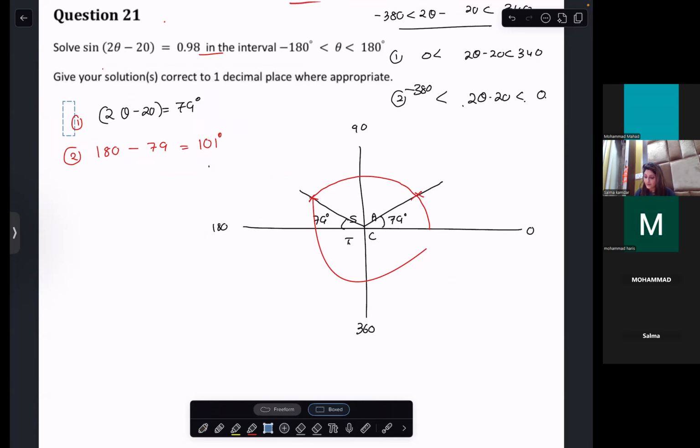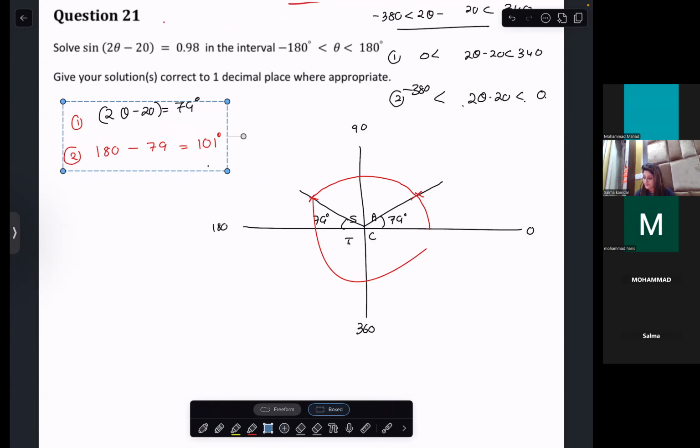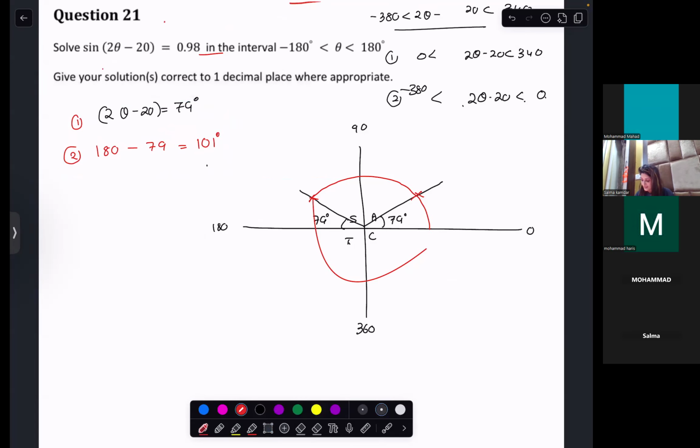Now I go to my second range, between minus 380 and 0. So I have my negative values: minus 90, minus 180, minus 270, minus 360, and I would have minus 380 over here. I hope you're with me.